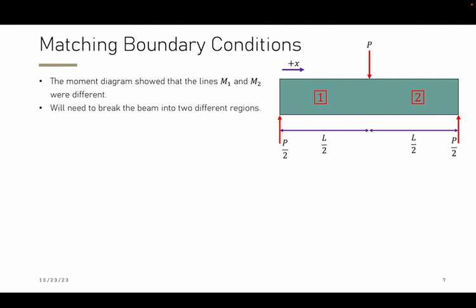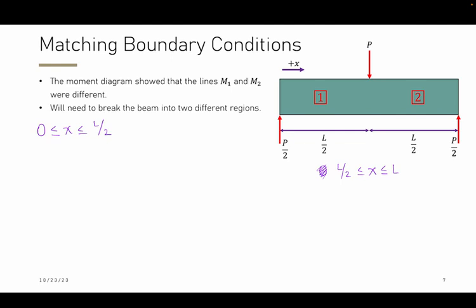If we break this into two regions, then one will be 0 is less than or equal to x, which is less than or equal to L over 2. And the second will be L over 2 is less than or equal to x, which is less than or equal to L. These two regions are formulated by looking at the individual regions relative to the coordinate system along x, where our beam separates.